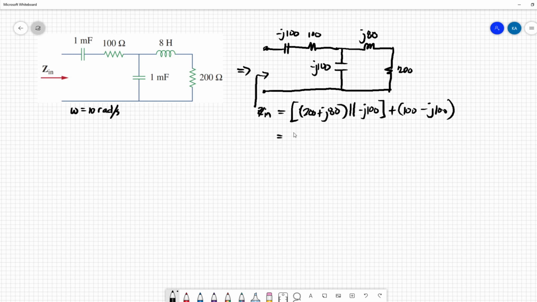Our Zin is equivalent to 149.50 minus j195.05 ohms, or if expressed in polar form, 245.76 angle of negative 52.53 degrees ohms.